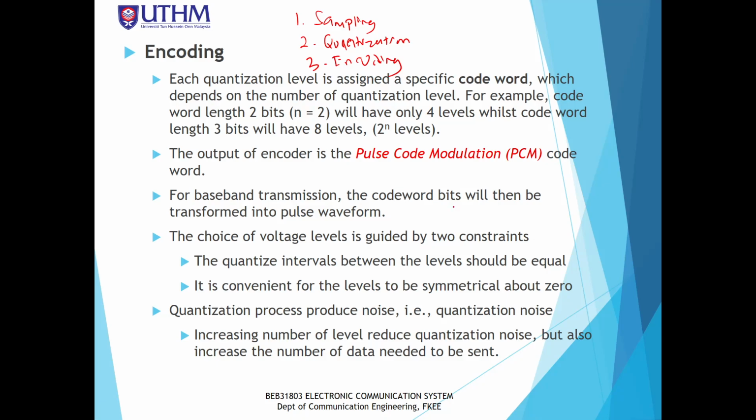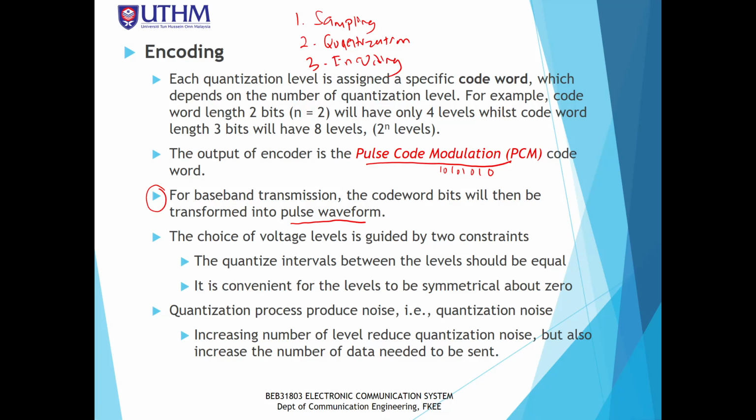For baseband transmission, the code word will then be transformed into a pulse waveform. If you want to transmit as a baseband transmission, we need to change the PCM into a pulse waveform, because this PCM is in the form of logic 1s and 0s.